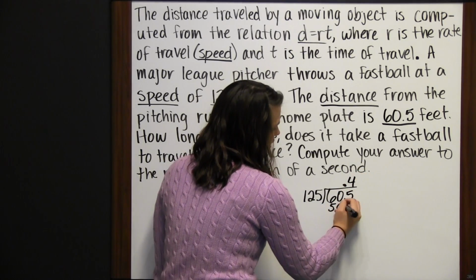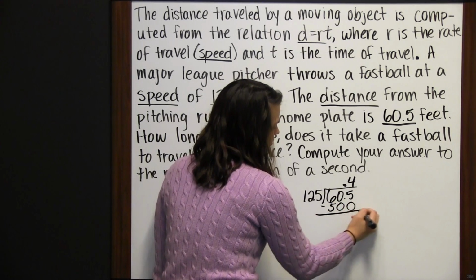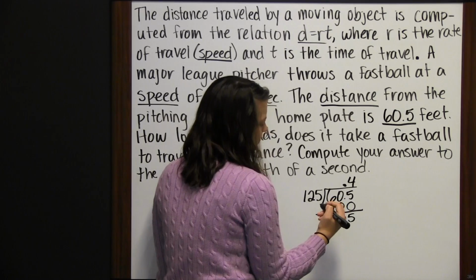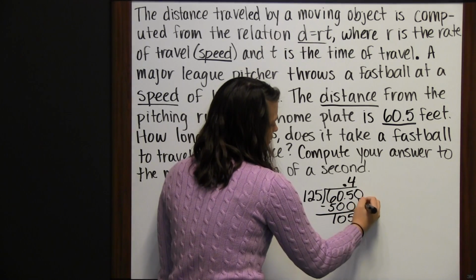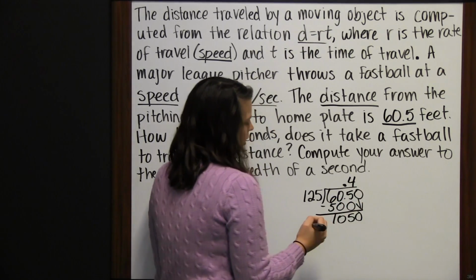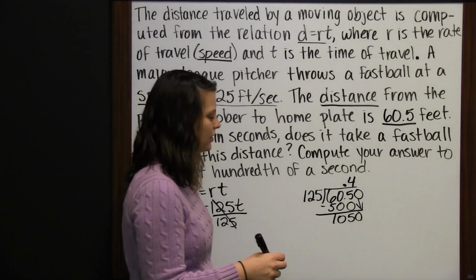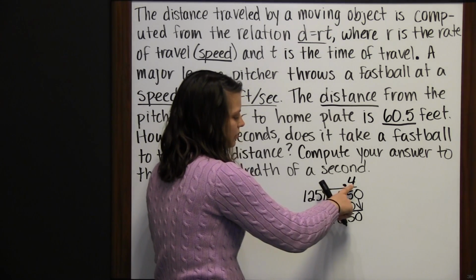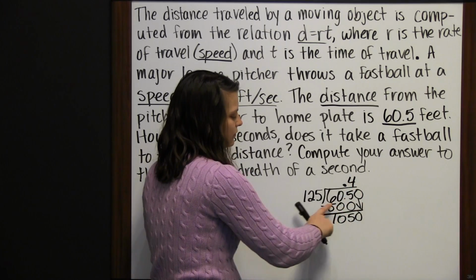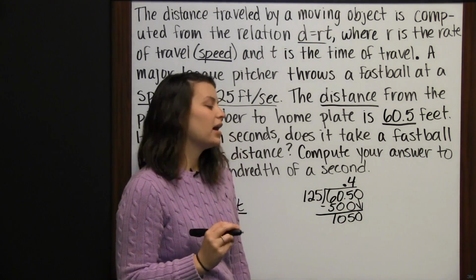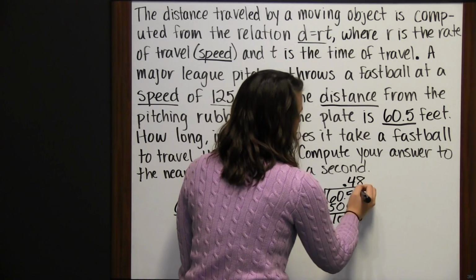And that is 500. We subtract, and we get 105. Add another 0, bring it down. We want to see how many times 125 goes into 1,050. Well, if you'll remember that 125 times 4 was 500, then it would go twice as many times as that, so 8 times.